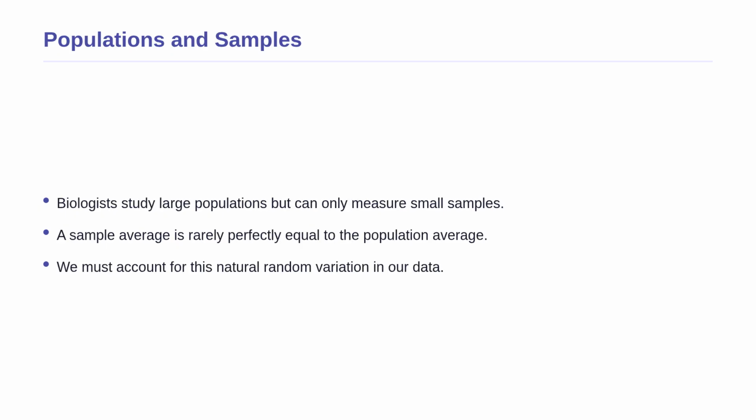Now that we understand the jelly bean analogy, let us apply this to biostatistics. In biology, we often want to understand a large population, like the average height of all adults in a country. Because we cannot possibly measure everyone, we take a smaller sample and calculate its average. But here is the catch.